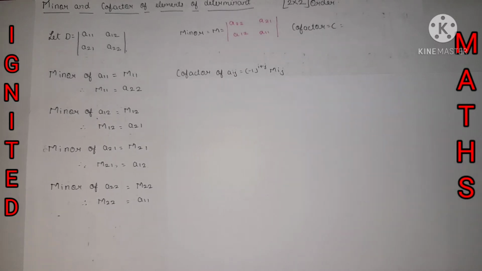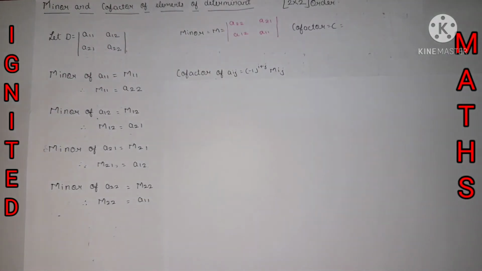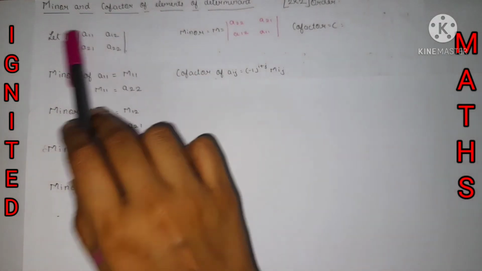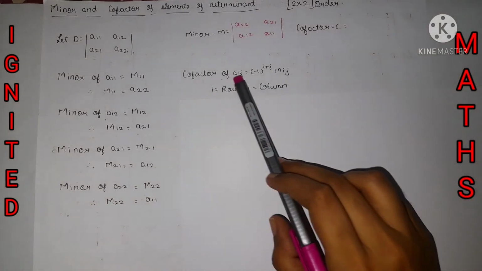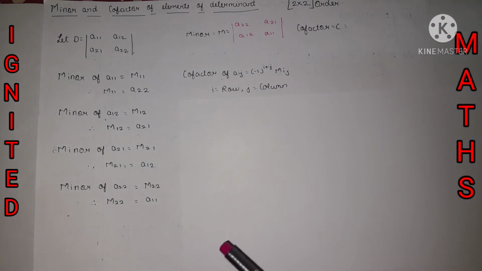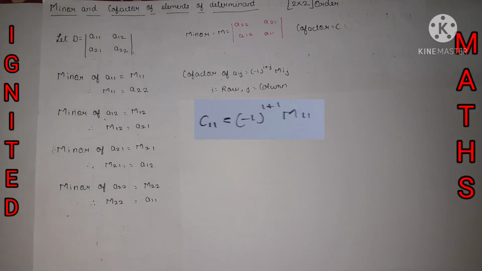Now let's apply it for each and every element. There are a total of 4 elements, so we are going to apply it one by one. Let's start with the first row, first column, that is A11. The cofactor C11, that is the cofactor of first row and first column, is equal to (-1) raised to 1 plus 1 into Mij, that is M11, because we are finding the cofactor of C11, so we need to take the element of minor M11.